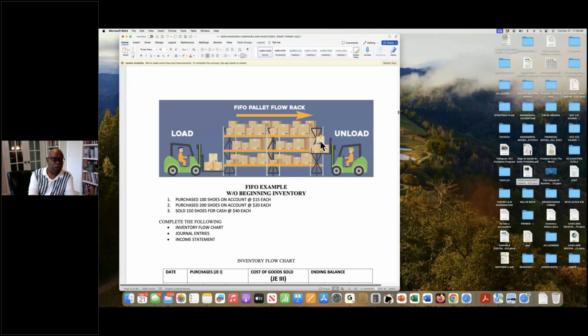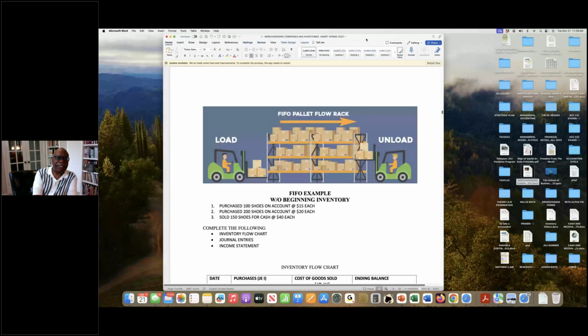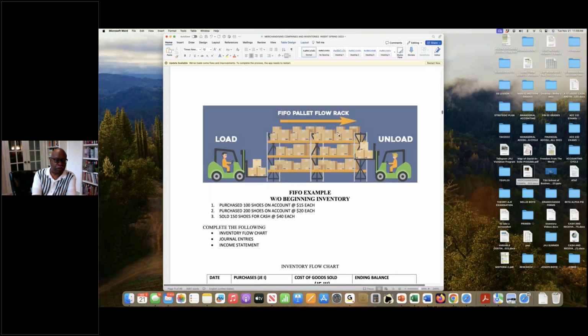LIFO, we sell the new ones first. So those are the three methods, and based on the assumption of consistency, you got to use FIFO, LIFO, or weighted average. You can't switch it. So let's go back to FIFO and look at this example again.